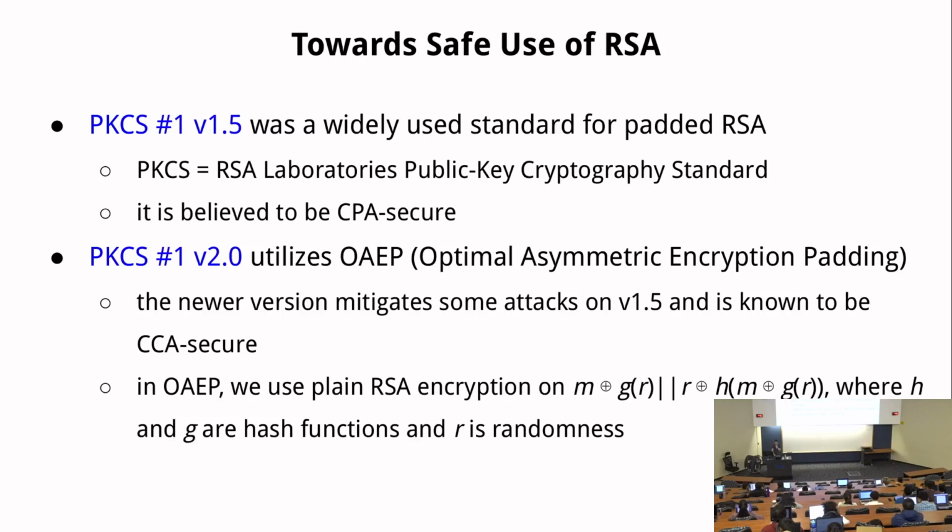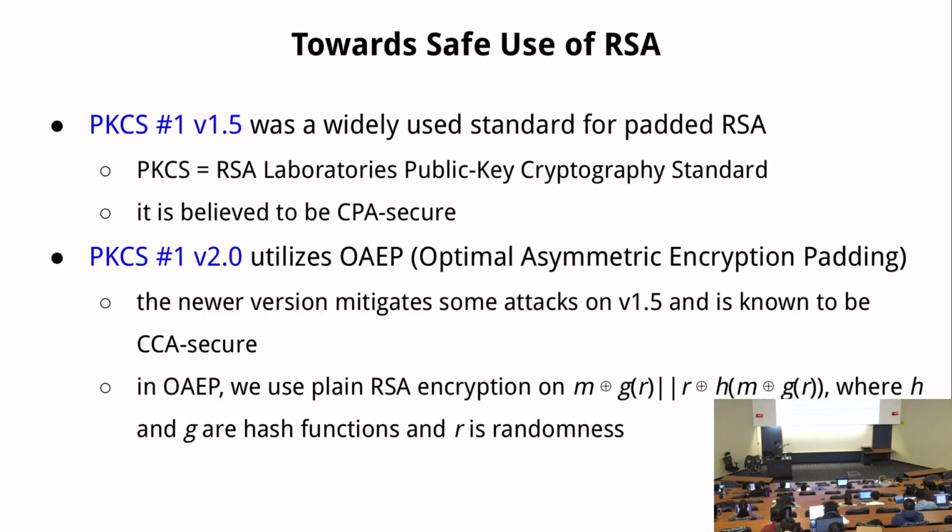In this padding, to do the RSA encryption, you first choose a random number R here. Then you generate a hash of that random number, and use that hash to do an exclusive OR with the original message. Then concatenate with the second part. For the second part, you use two different hash functions on the original message and the random number you generated.